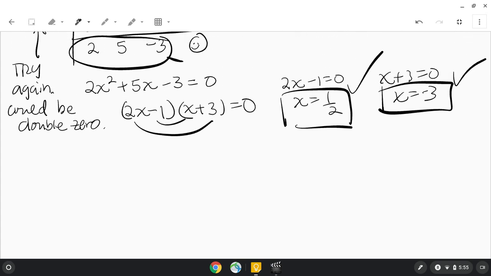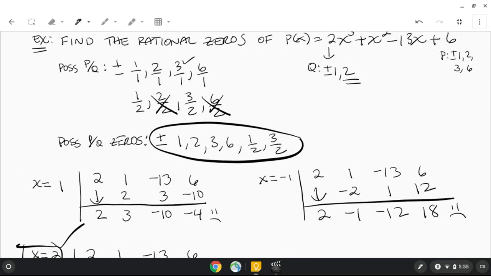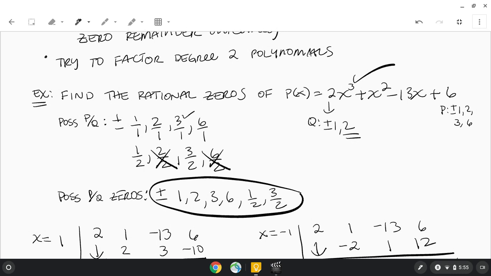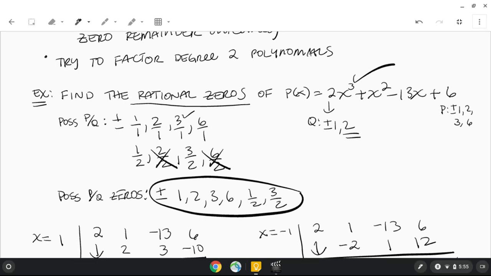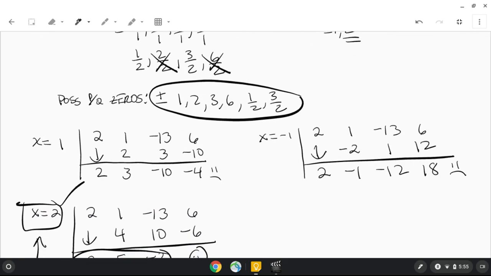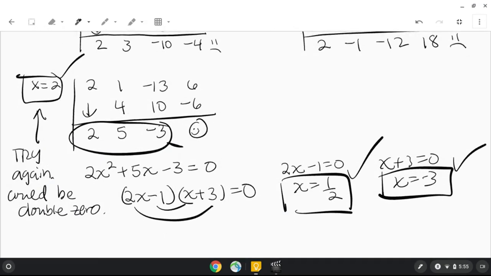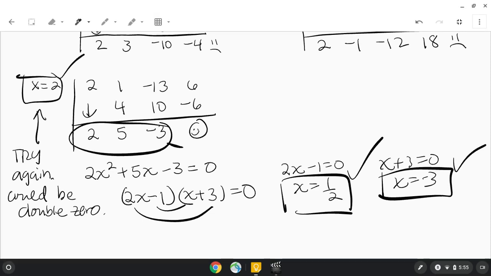So here, let's take a look at the language. If you notice here, it says find the rational zeros. Rational being written as a ratio of 2 integers. So these numbers here are rational numbers: our first 0, x equals 2, x equals 1/2, x equals negative 3.